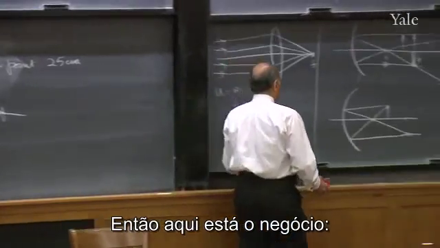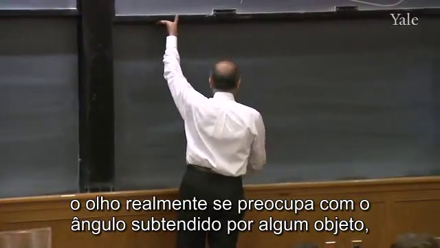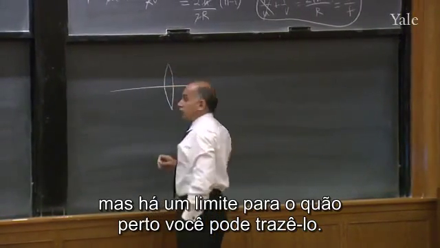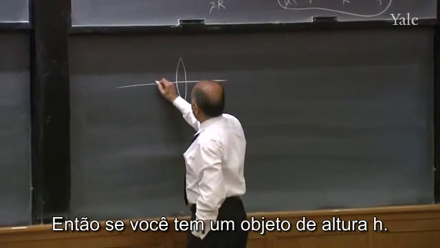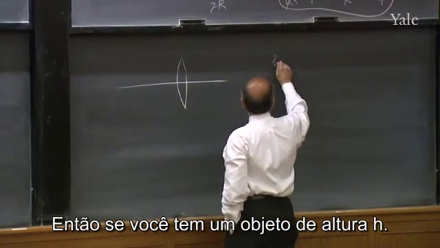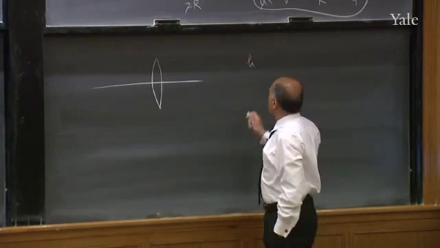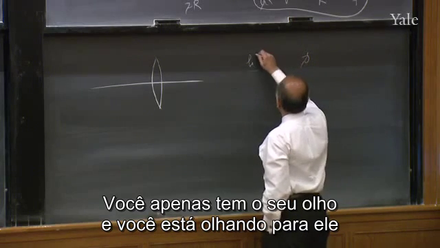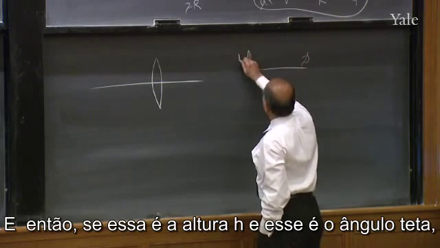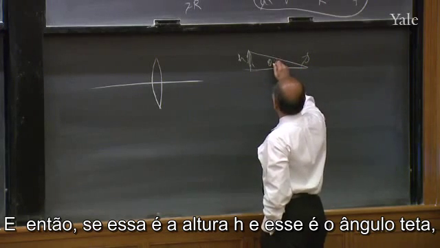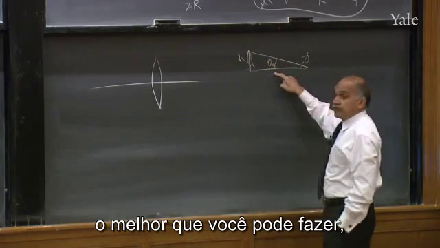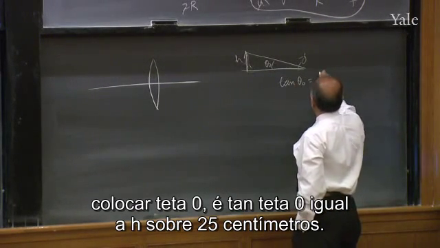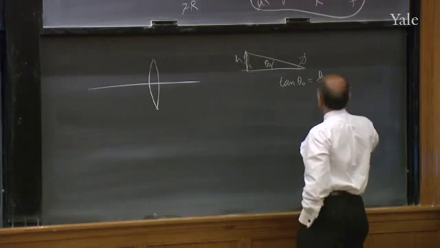So here is the deal. The eye really cares about the angle subtended by some object, but there is a limit to how close you can bring it. So if you have an object of height h, and you don't have any lens, you just have your eye and you're looking at it, then if that's the height h, and that's the angle theta, the best you can do for theta naught is tan theta naught equal to h over this 25 centimeters.